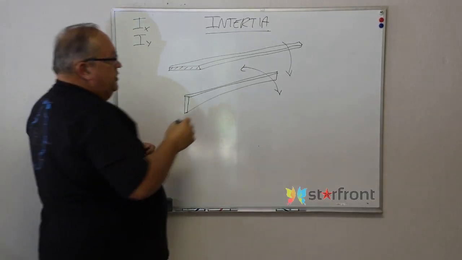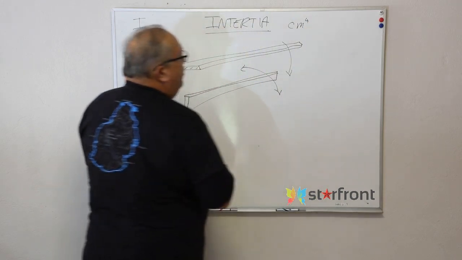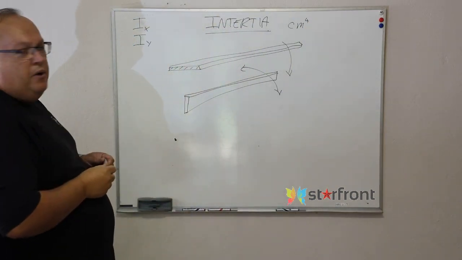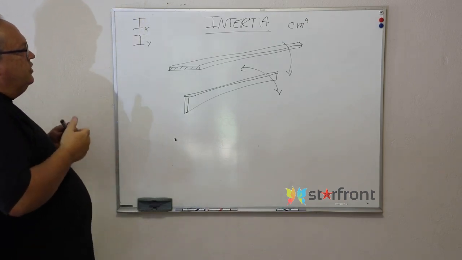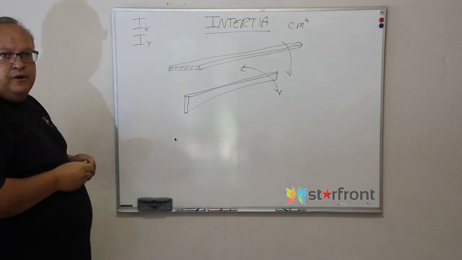Now the units of inertia are centimeters to the power of 4, and we will see at a later stage where that power of 4 comes from. But for now, we're just trying to get some understanding of what we mean by the inertia of an aluminium profile.